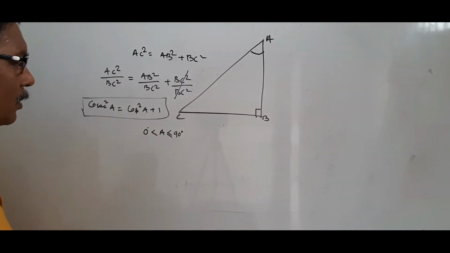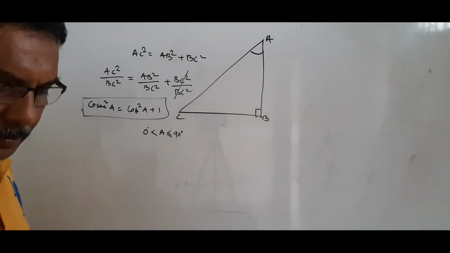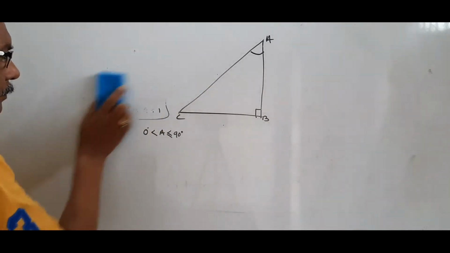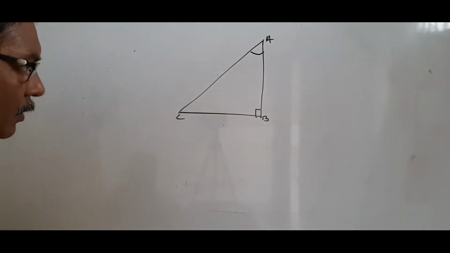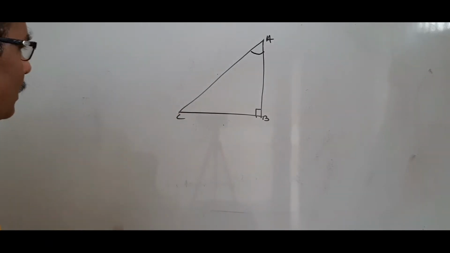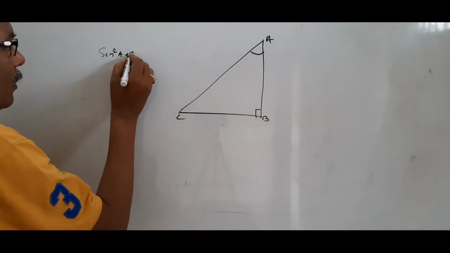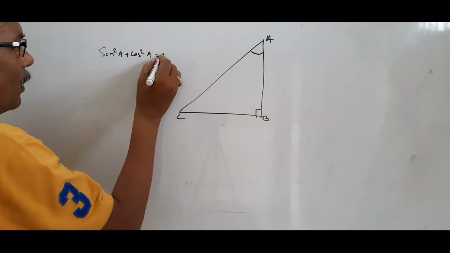Okay. So by taking the help of these three equations, you can prove different identities. Again, recall the equations. Number 1, sin square A plus cos square A is equal to 1.